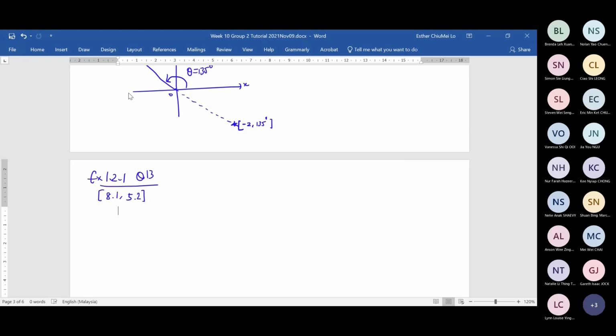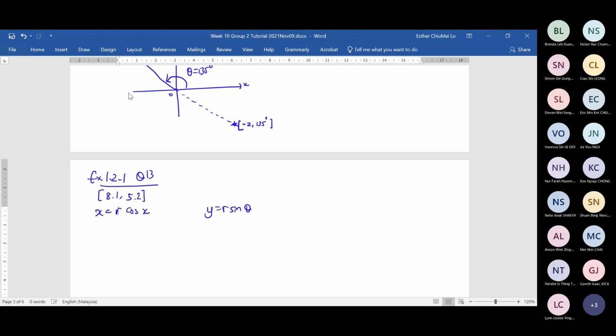We have to find the rectangular, which means the Cartesian coordinate, of each of the following points given in polar coordinate. So this is polar coordinate. As we know, x equals r cos theta, and y equals r sine theta. So this is your r, and your theta here.